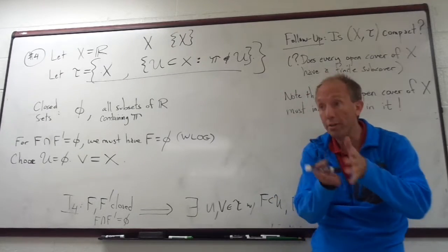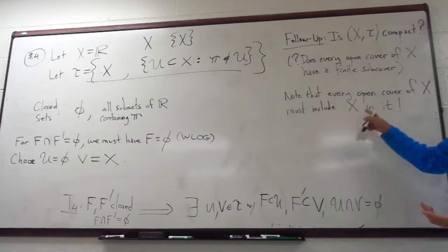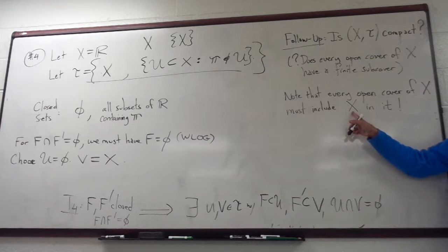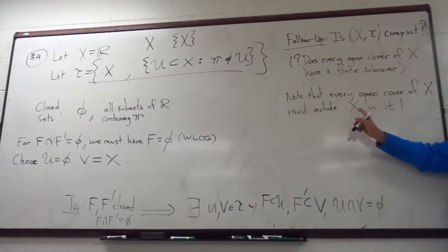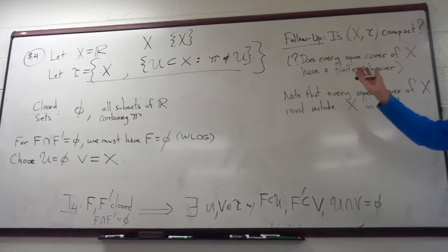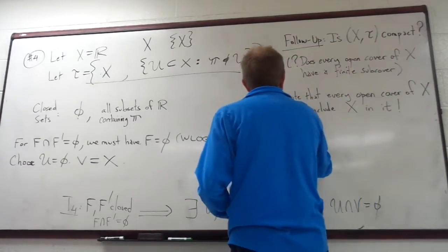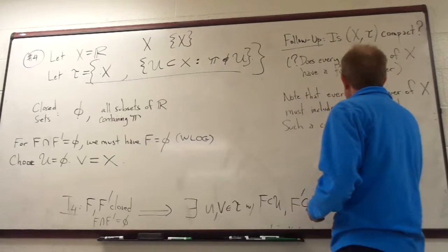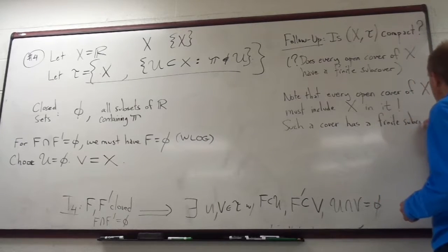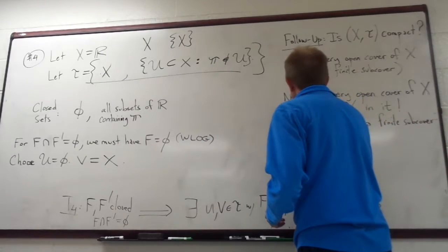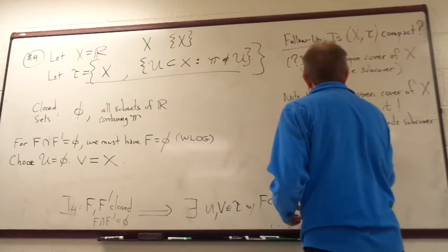I just mean the number of sets that you are using to cover the space is only a finite number. Guys, if X is in your open cover, then you can cover X with just one set, namely X itself. This one is available to you. You just use that to cover the whole real number line. So therefore the answer is yes, this is compact. So such a cover has a finite subcover consisting of just the set X alone.